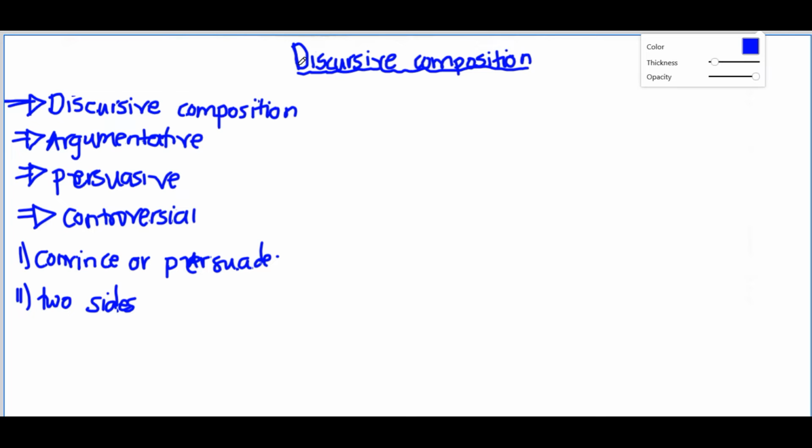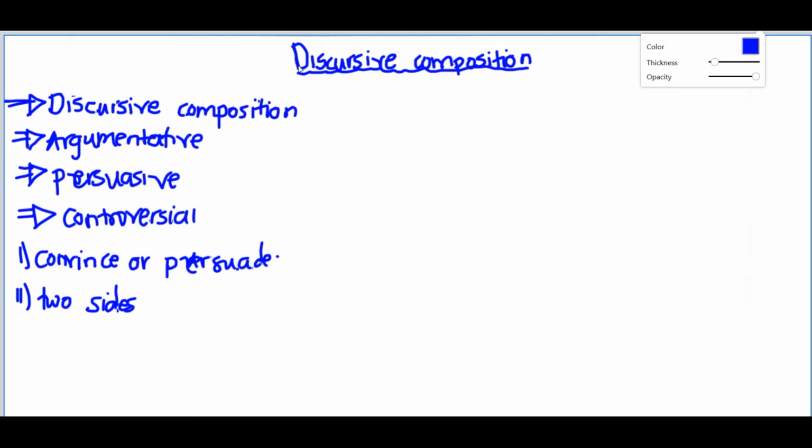Now, even if the composition is about you taking one side, you need to look at the two sides. You can choose the side to argue for, or you can choose the side to argue against. So for this one, we can say examining both sides of the argument. You have to do that before you write this type of composition.